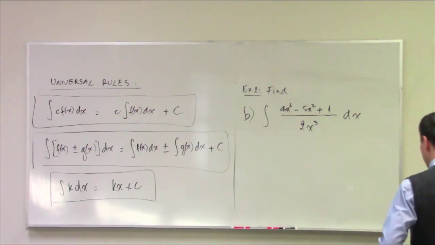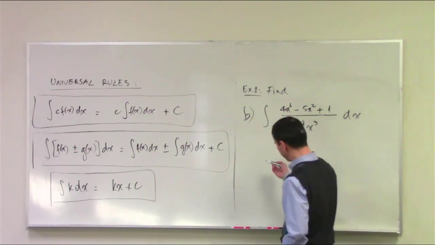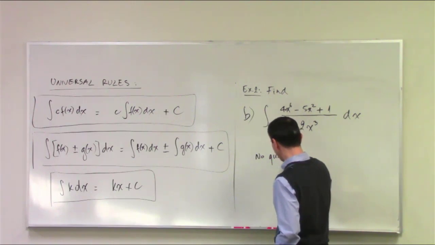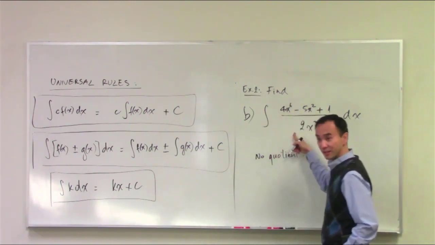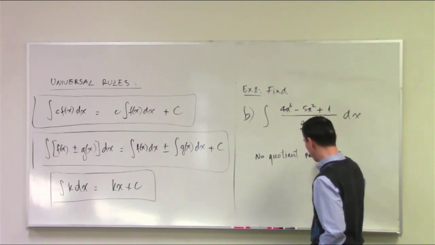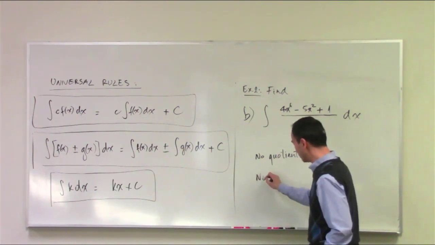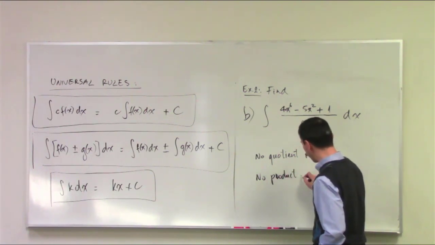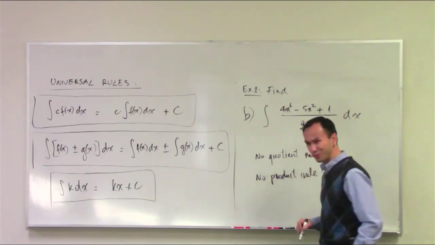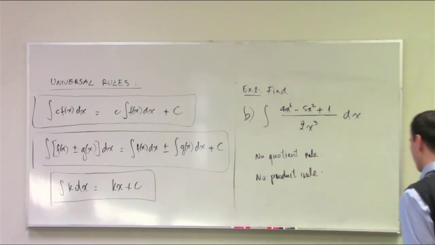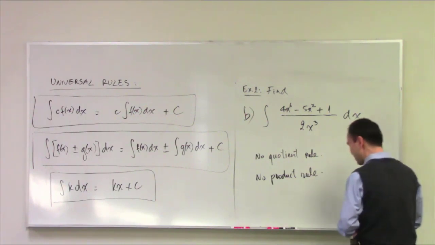All right. So for something like this, again, remind yourself, no quotient rule. The reason I have to mention this is because it does look like we have a quotient right here. No quotient rule, or no equivalent quotient rule, no product rule. So don't try to brutally apply the product rule or make it work similar to the days you were doing derivatives. So if you don't have these rules existing, what can we do?